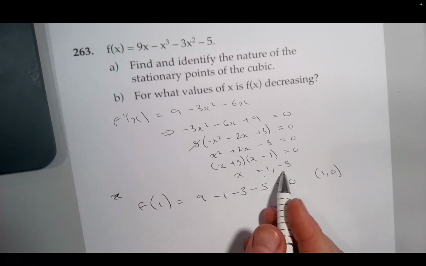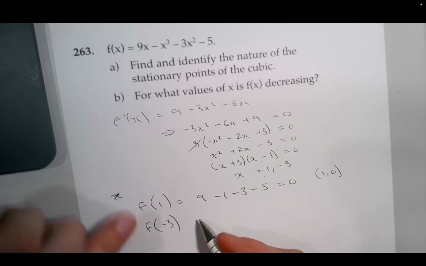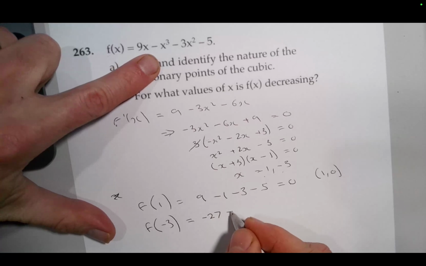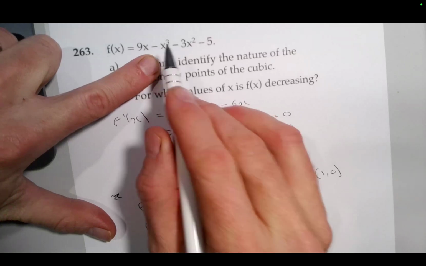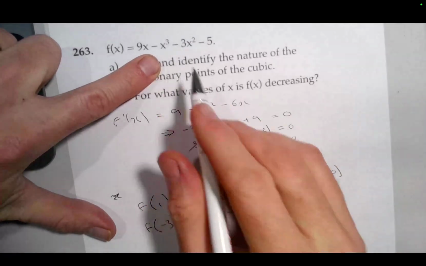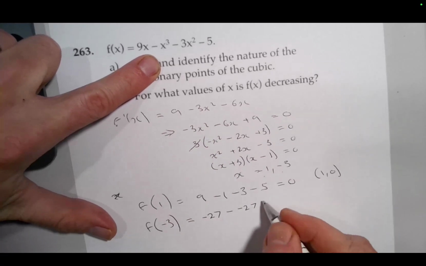The other point here, let's confirm that one. If we plug in f of minus 3, this is going to be slightly harder. It equals negative 27 minus, now that's going to be negative 27 as well, isn't it? Hang on, 3 times 3, yeah. Negative 27, those are going to cancel out.